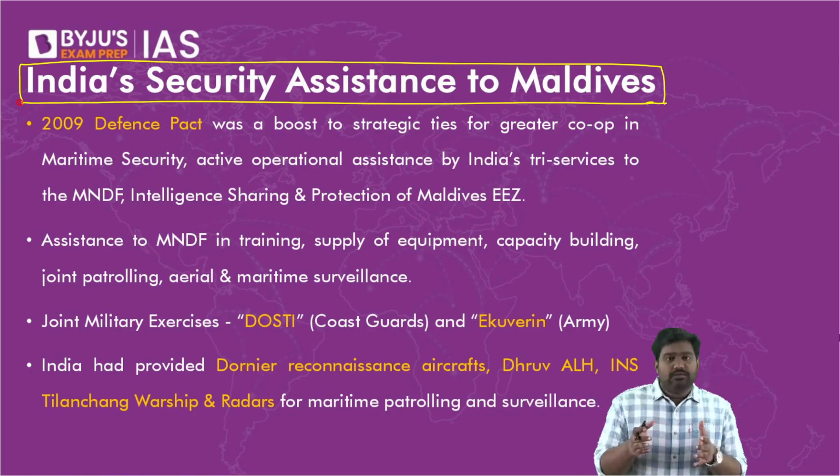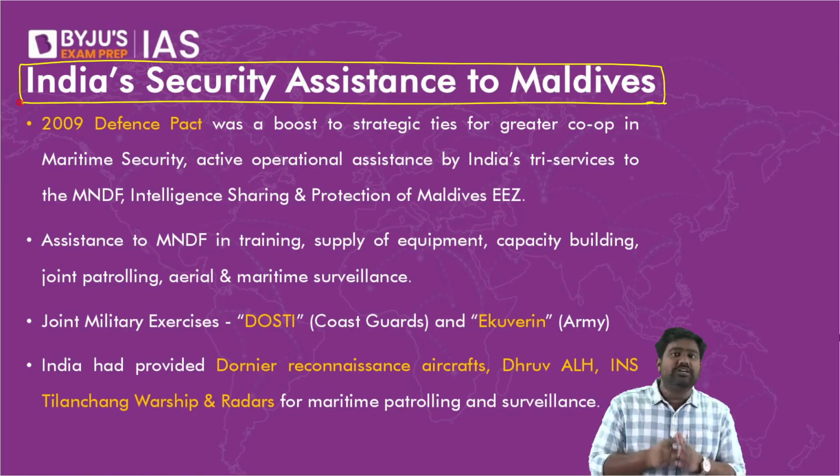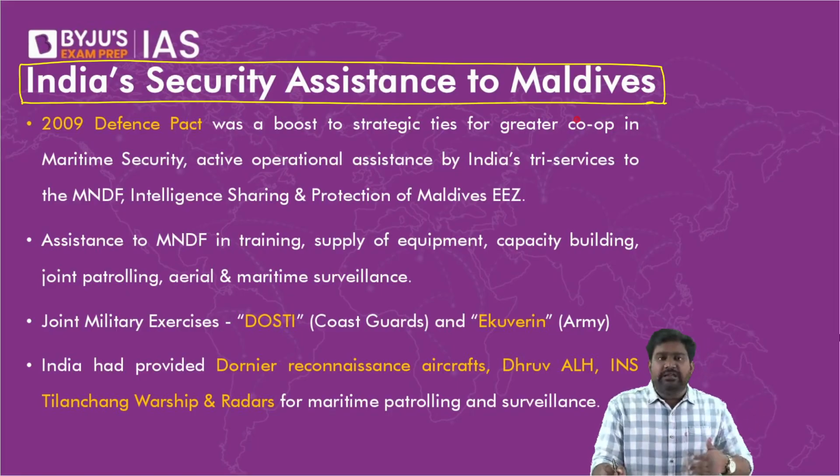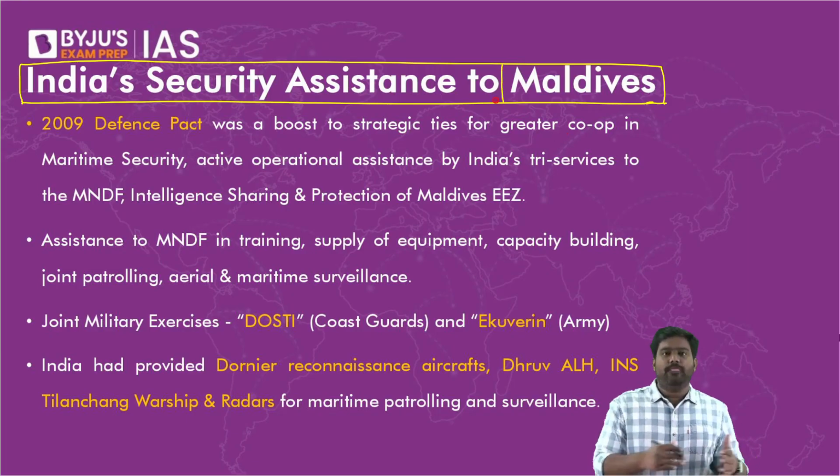So when the country has such a geographical disadvantage, it becomes very vulnerable to security threats. What if a terror group or an extremist group or a criminal group takes over an island? The islands are so small and spread out that many are uninhabited. There are no human settlements, and the Maldives armed forces don't have enough resources.